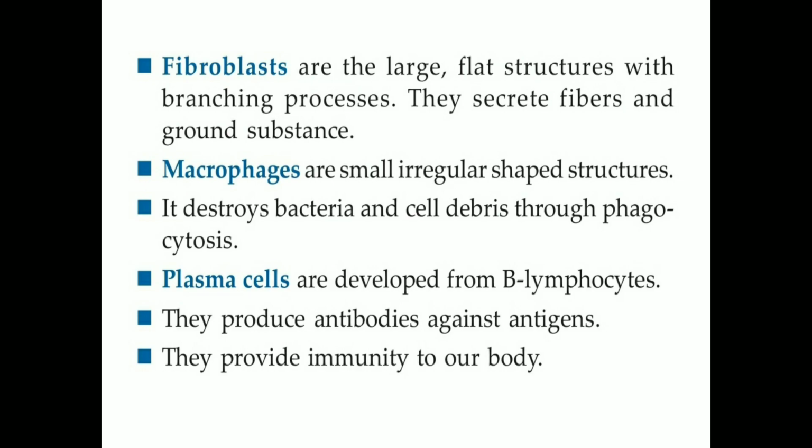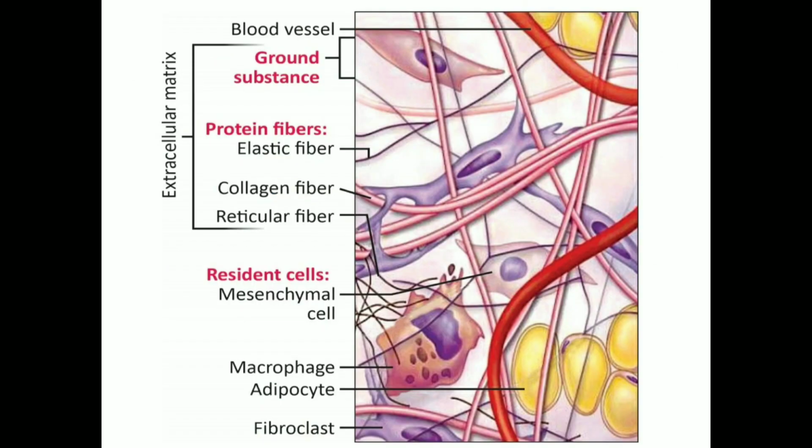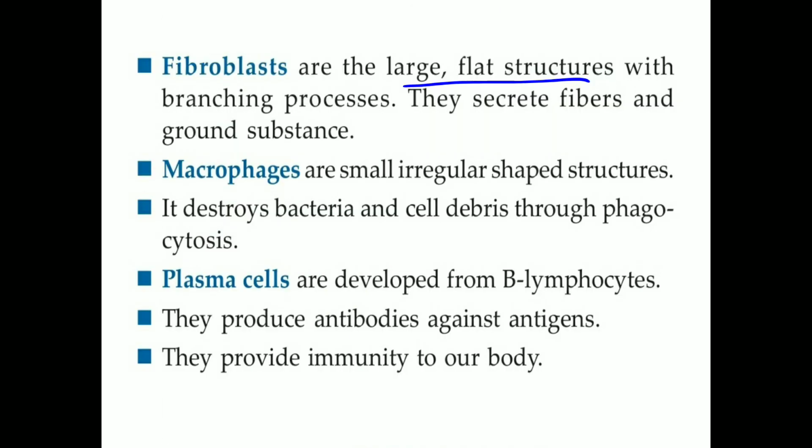Let's see fibroblasts. They are large flat structures with branching processes. You can see that here. They secrete the fibers and ground substance of the connective tissue. They form the connective tissue fibers, and they produce ground substance within the connective tissue.